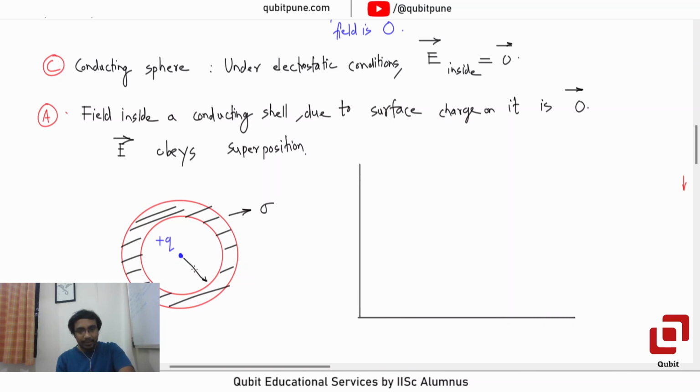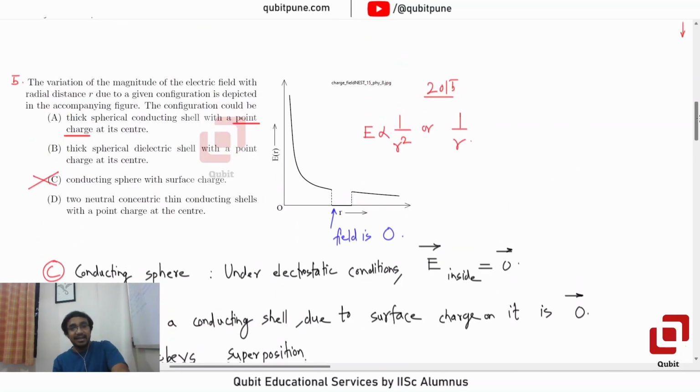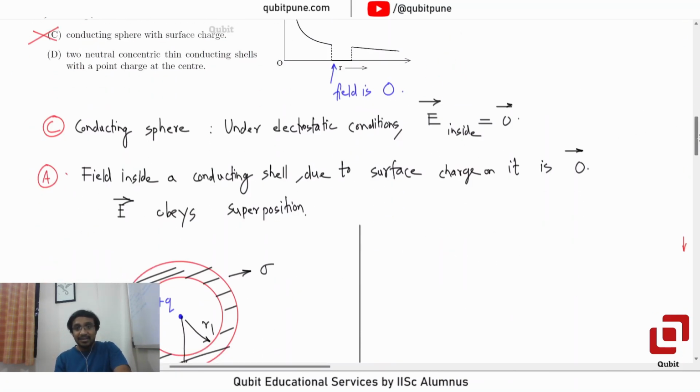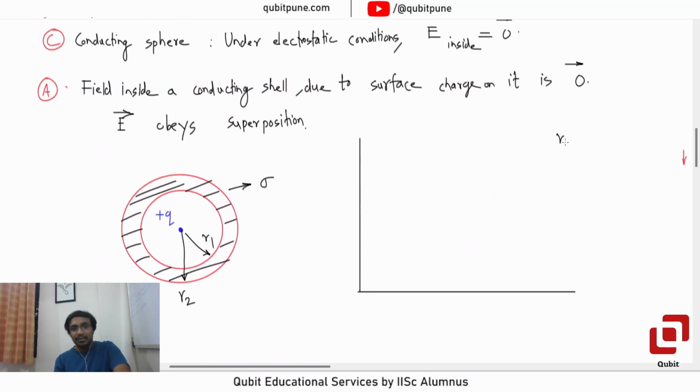Let us say this is R1, and suppose this is R2. They are saying it is thick. What does thick mean? Thick means R2 minus R1 is significantly greater than 0. It's not 0, so we cannot ignore it. So between 0 and R1, the field is entirely due to the positive charge Q, so it will be like this.